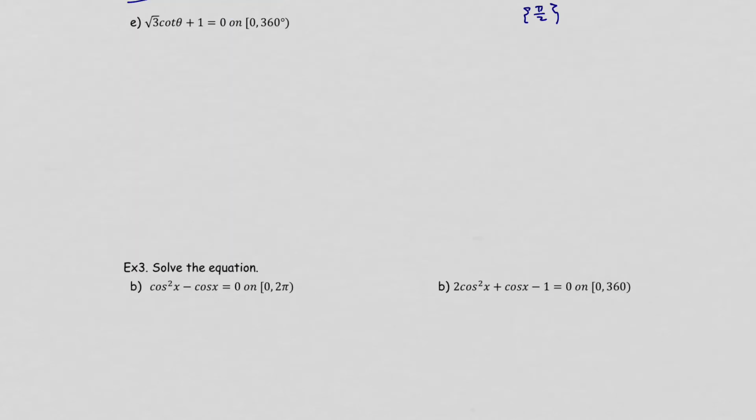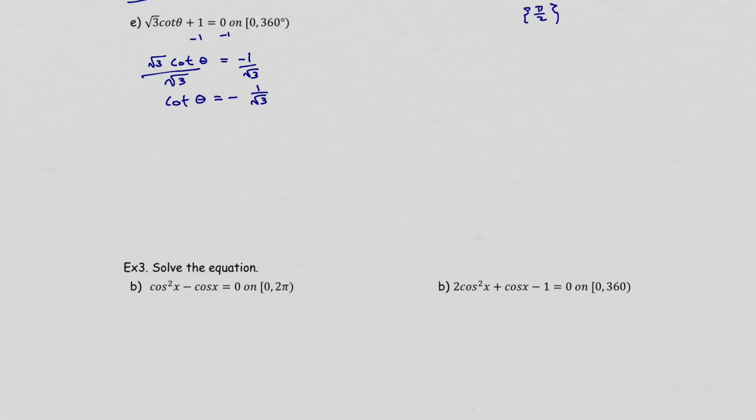Let's try cotangent this time. So I will subtract 1 first, trying to isolate my trig functions. Right, that's what I will start with, and divide everything by square root of 3. I get cotangent theta equals negative 1 over square root of 3. But again, we are more familiar with sine, cosine, tangent.